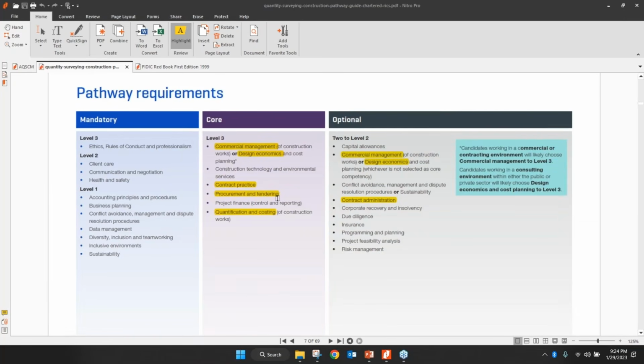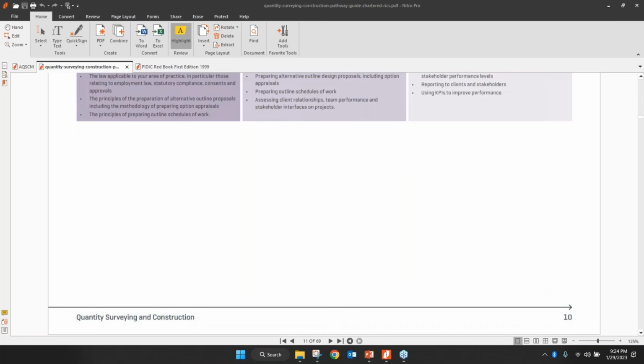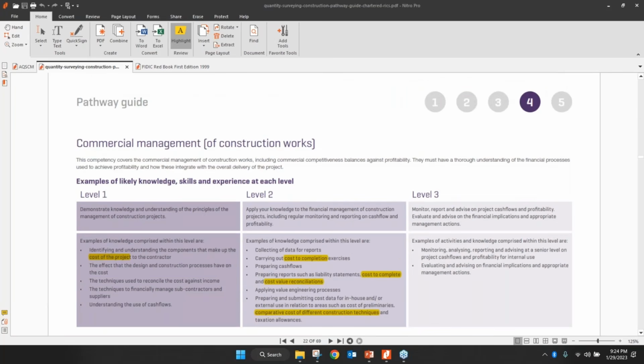The mandatory is not a big deal, but when it comes to the core, let's say commercial management. Here see, identifying and understanding the components that make up the cost of the project.